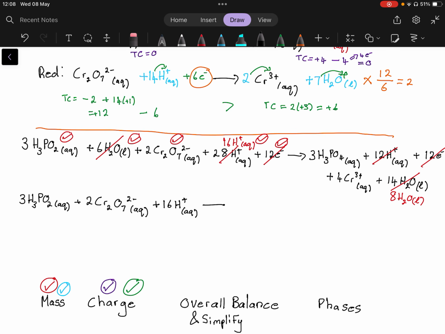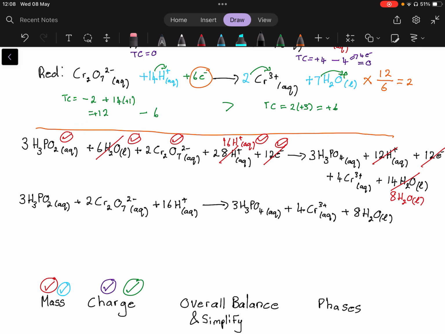There's no electrons, so we then write our products. 3H3PO4 is also in the aqueous phase. Plus, the hydrogens cancelled, the electrons cancelled. So the next species is the chromium 3+. And there's 8 water left. Okay. So that is simplified.